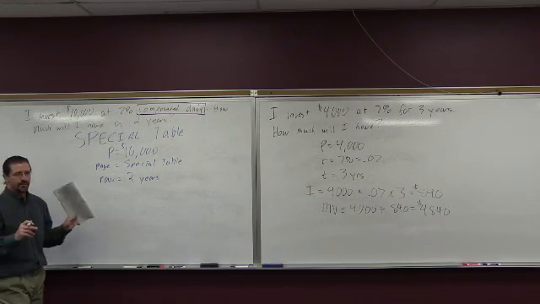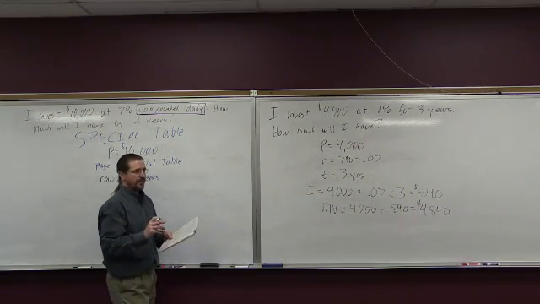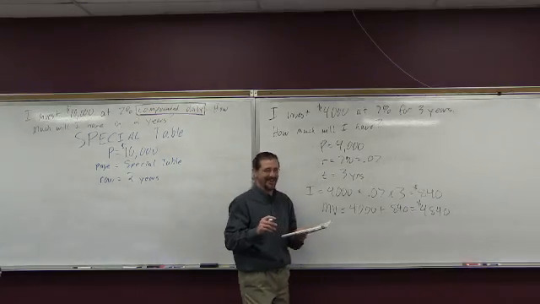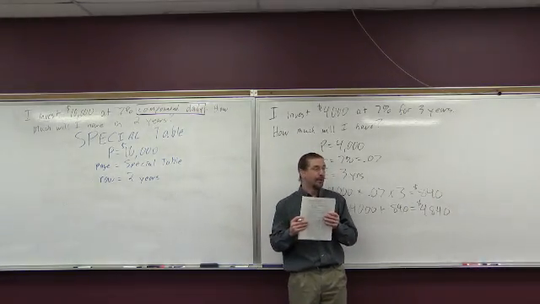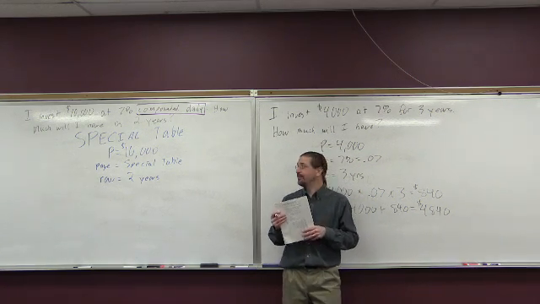Note that the smallest number in this table is 6%, which is ridiculous. If you can find a bank that's going to pay 6% compounded daily, please let me know. Yeah, because I would be in all of that.